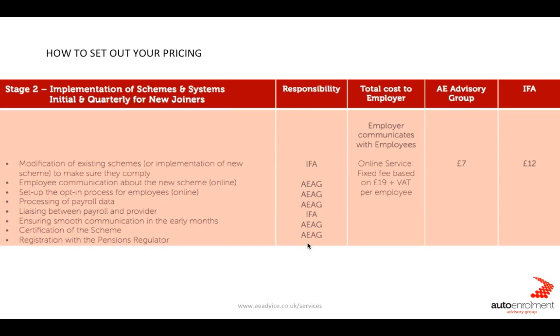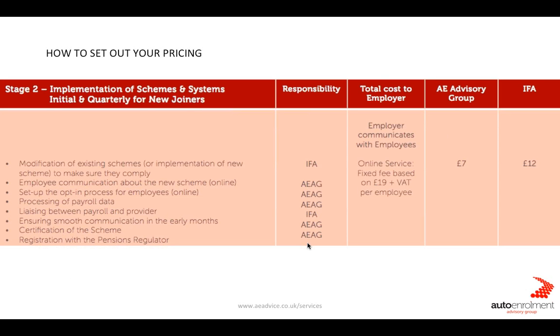Once that's done and the employer has agreed with that, our suggested pricing proposition for implementation, stage 2, is £19 plus VAT per employee, and from that you get £12, and the AE advisory group gets 7.